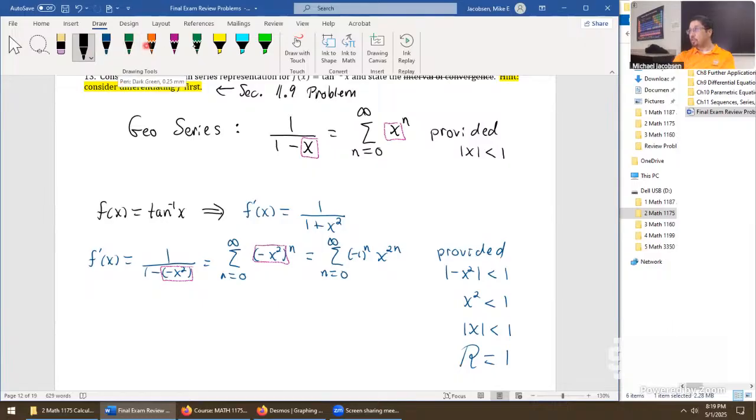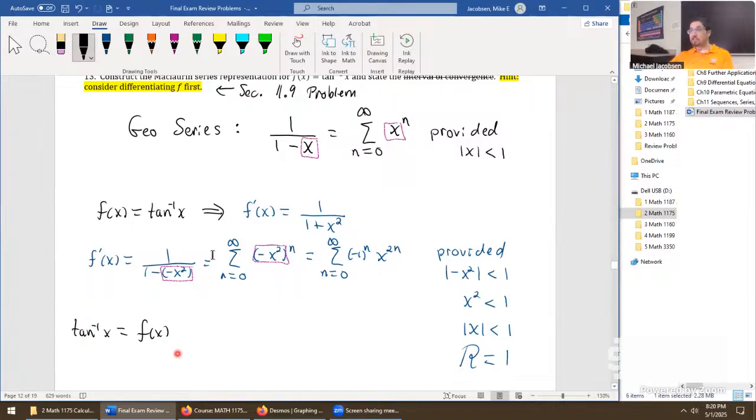Now, the next thing we're going to do is get back to tangent inverse x by writing in tangent inverse of x is going to be the integral of f prime of x, or hang on, let me write this in a slightly better way.